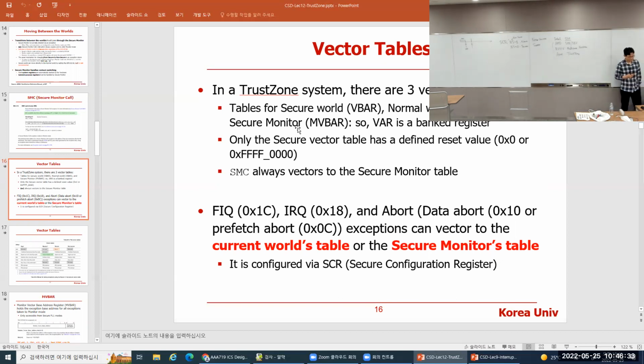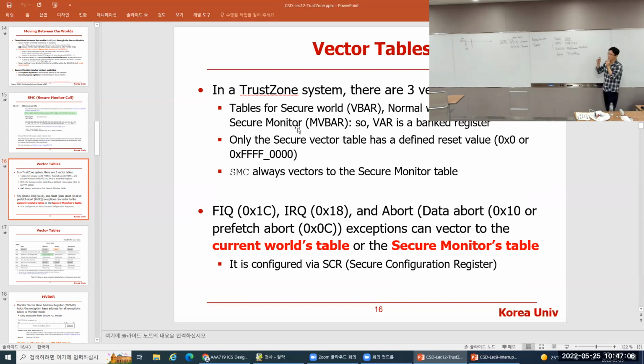Here we are in the vector register. We need a secure vector table to find the reset value. Let's see where the vectors go to the secure monitor, FIQ, IRQ, data abort exceptions, in a vector to the normal world or secure world. You can compare them.